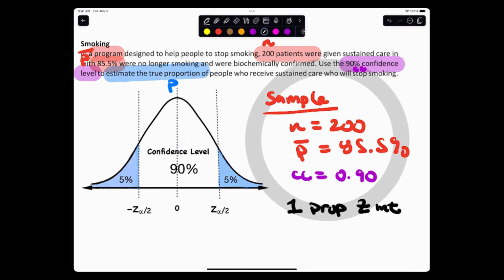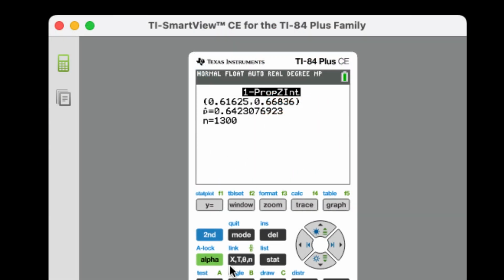Do we have to find 85.5% for 200? Now, if you're awake, you might say, hold the fort, I have an issue here.